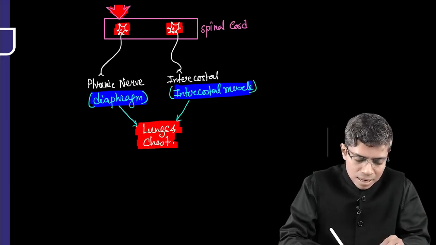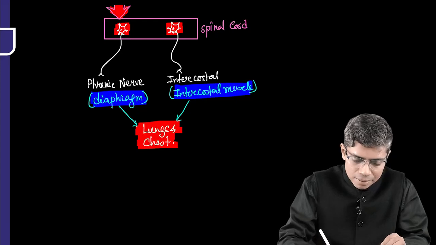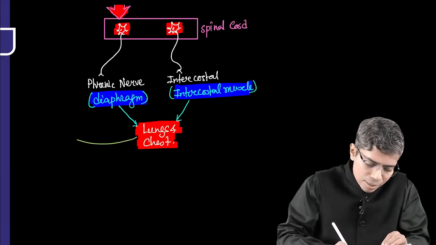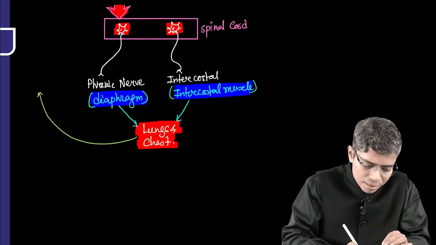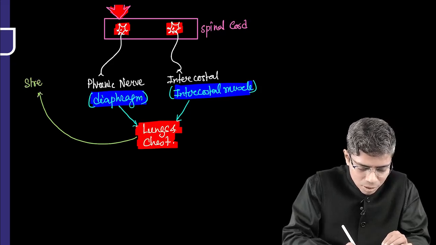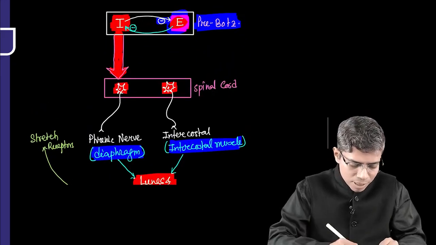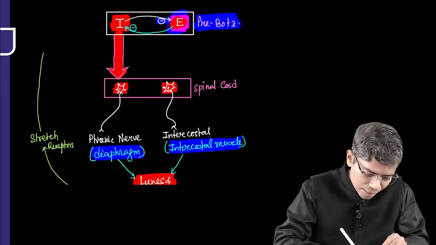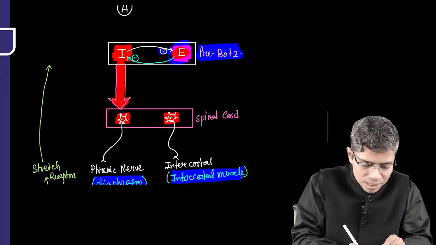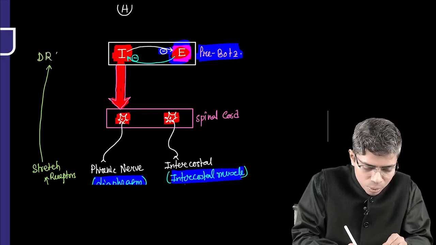So whenever these lungs are expanding, it will activate the stretch receptor of the lung. This stretch receptor will put its signal at the level of the dorsal respiratory group of neurons.